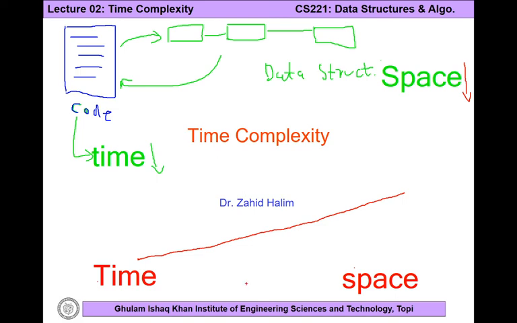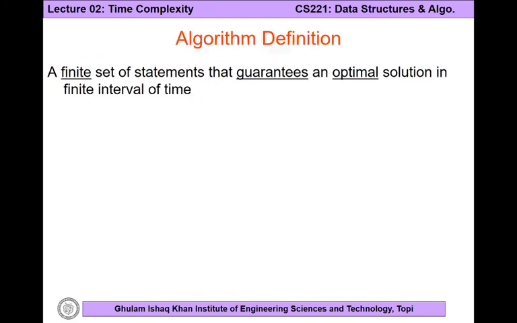But if you want to minimize the consumption of space, this is going to result in increasing the consumption of time. Later I'll be giving you a few examples where you will be able to understand this trade-off between time and space. So it is quite challenging for a piece of code to minimize its time and its space simultaneously.